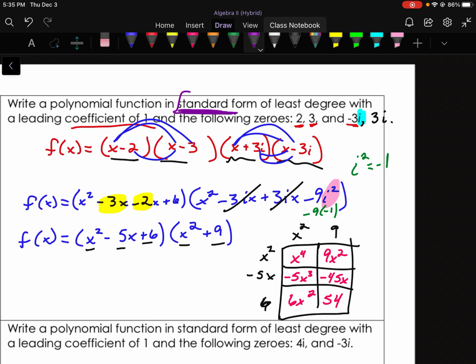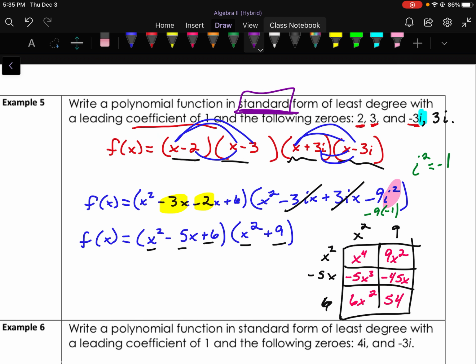Now you want your answer in standard form, so your exponents have to be in the correct order. So look at all these terms now. I have an x to the 4th, and it looks like that's it. So I'm going to start with that. So x to the 4th. Now I have an x to the 3rd, and it looks like that's it as well. So we'll go minus 5x to the 3rd.